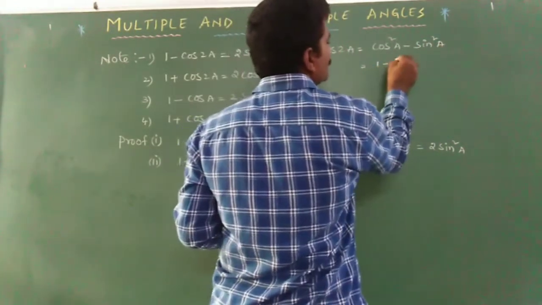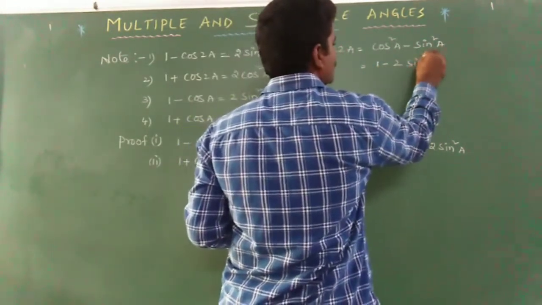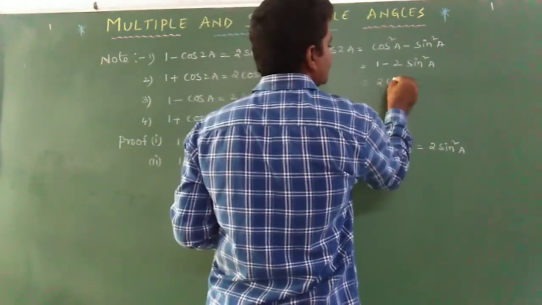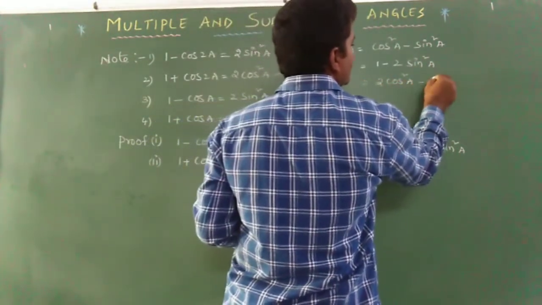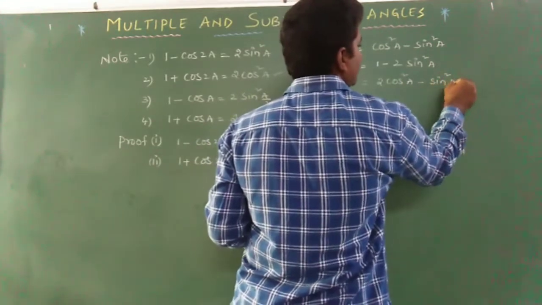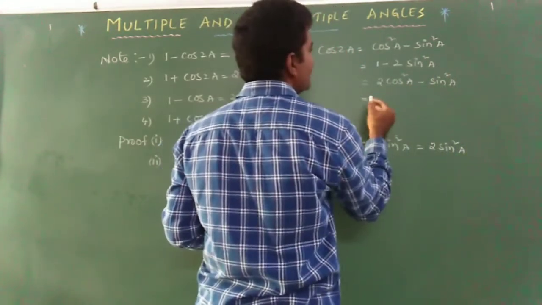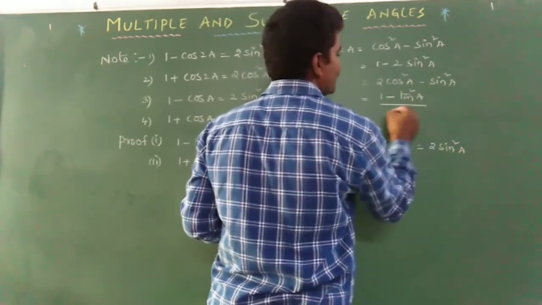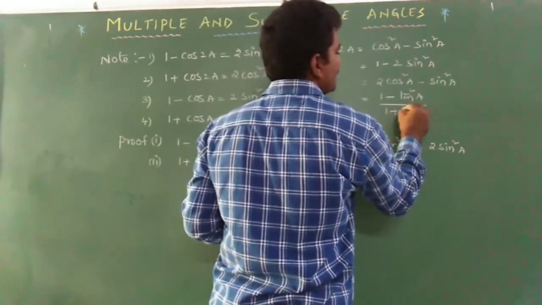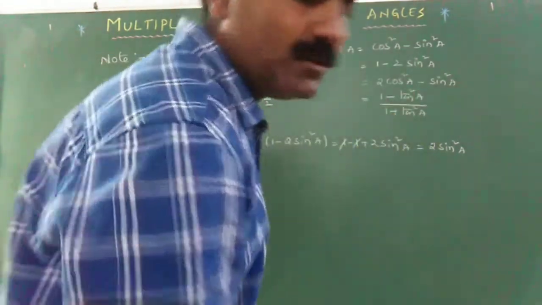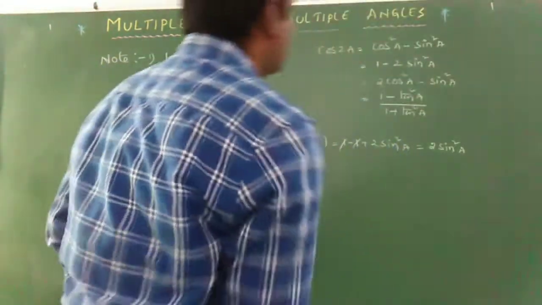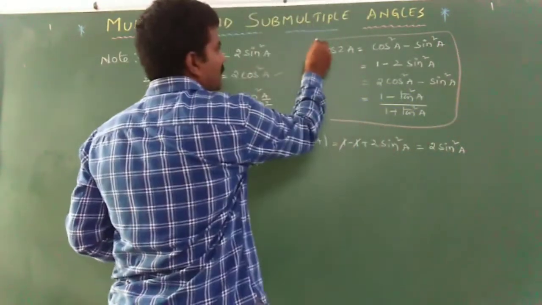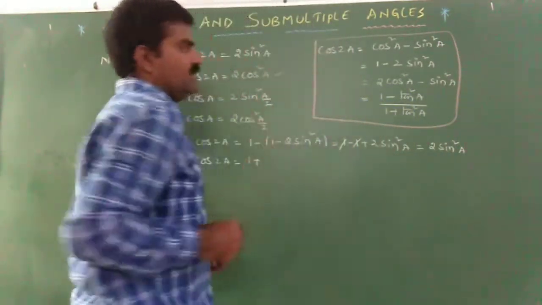Formula number 2, 1 minus 2 sin square a. And formula number 3, 2 cos square a minus 1. And this can also be written as 1 minus tan square a by 1 plus tan square a. Okay. So this is the basic knowledge on cos 2a.